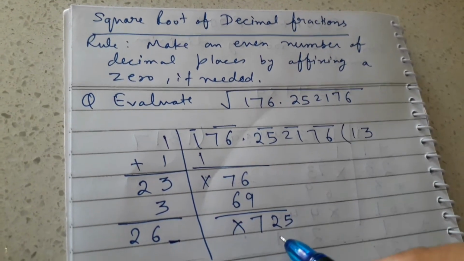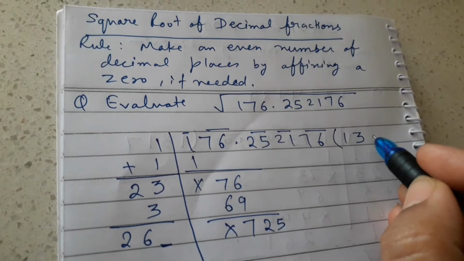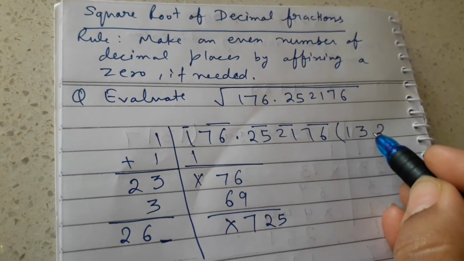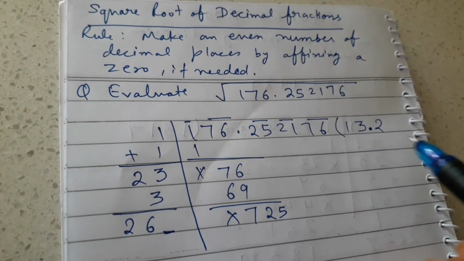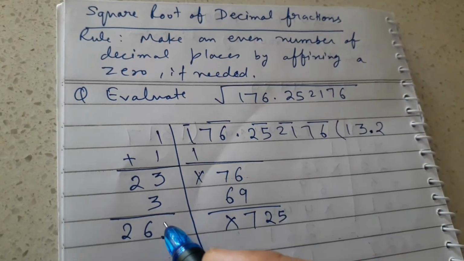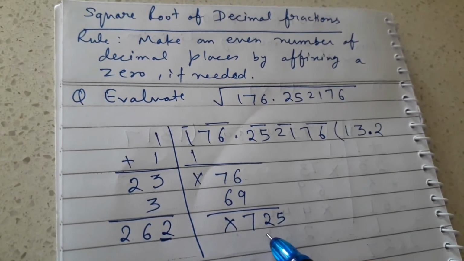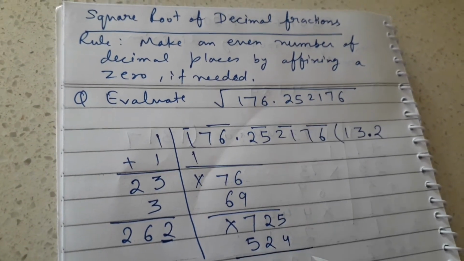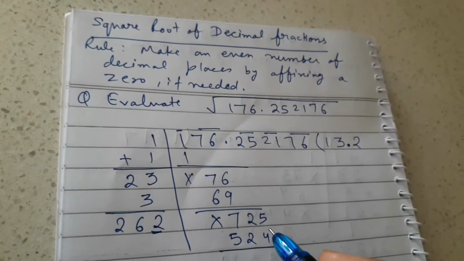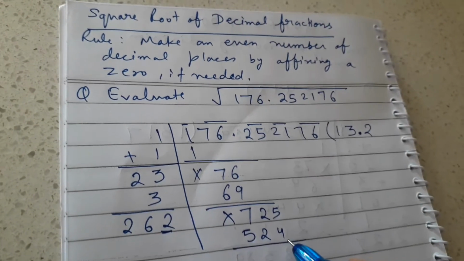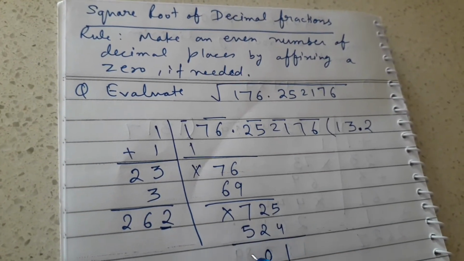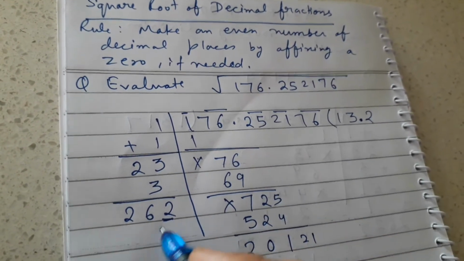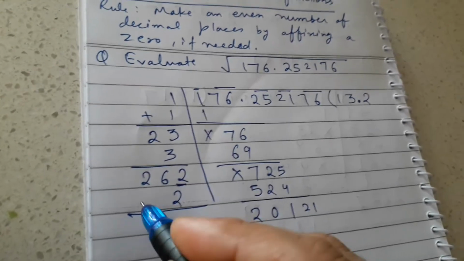It's coming more, so we will take 2. We already took the decimal part here, so we have to put the decimal here. So 2 with 2 it will go, 201.